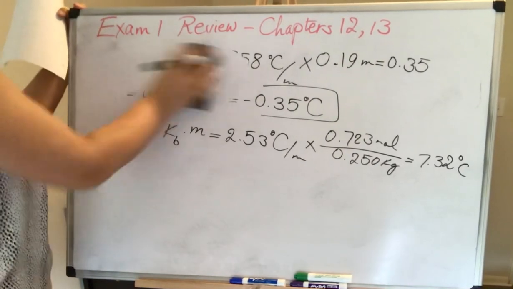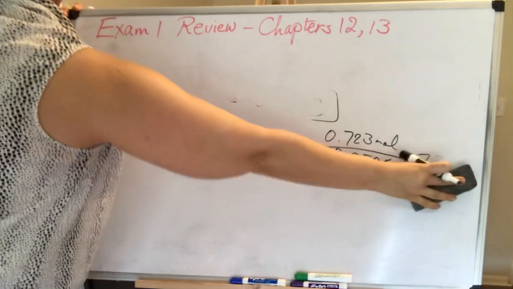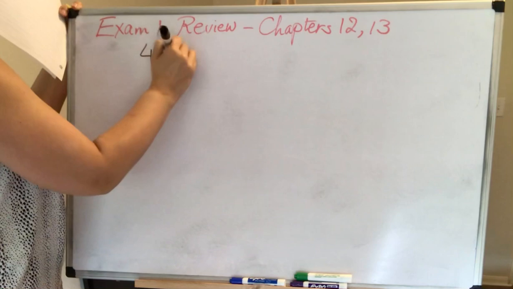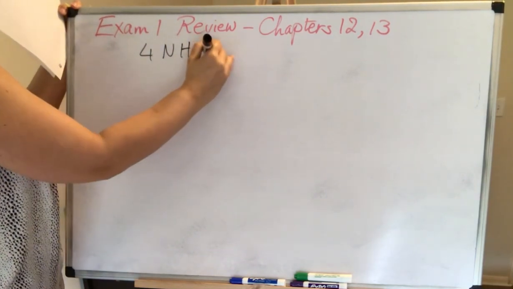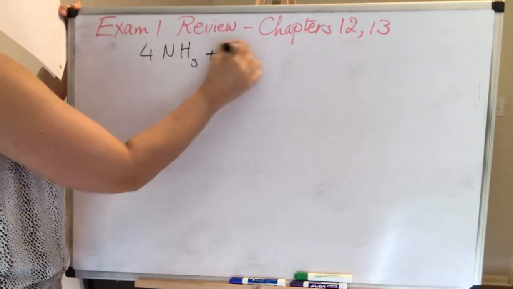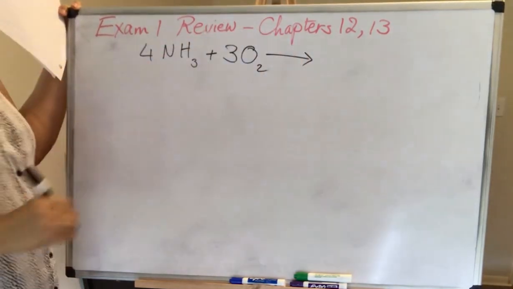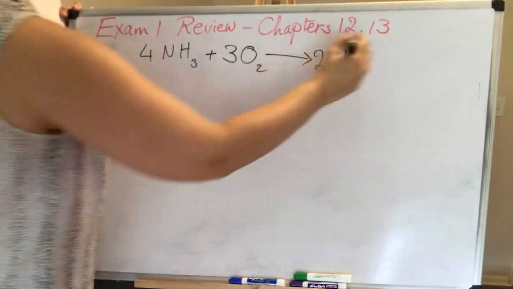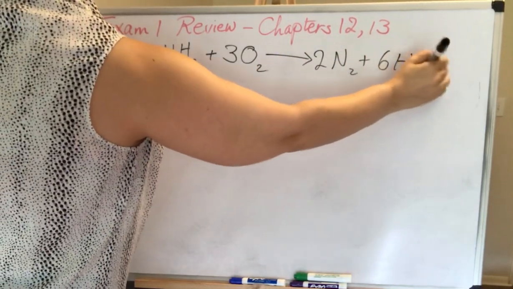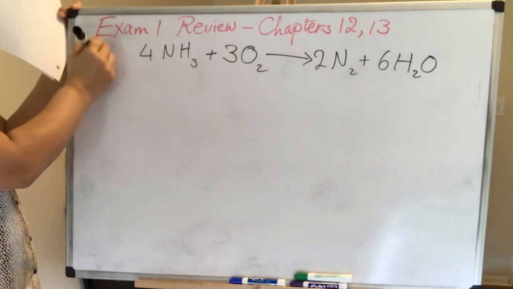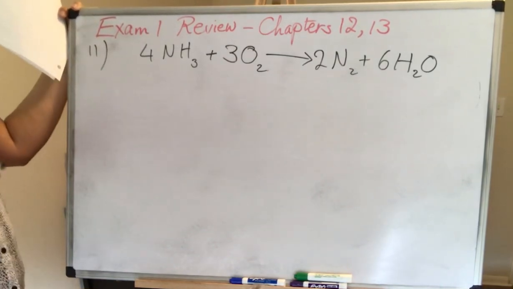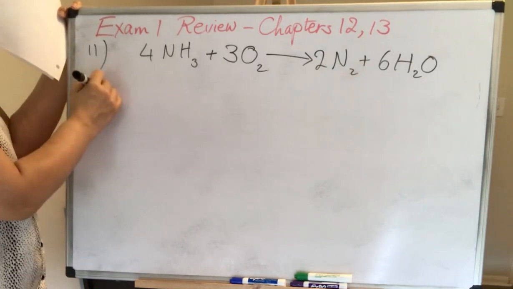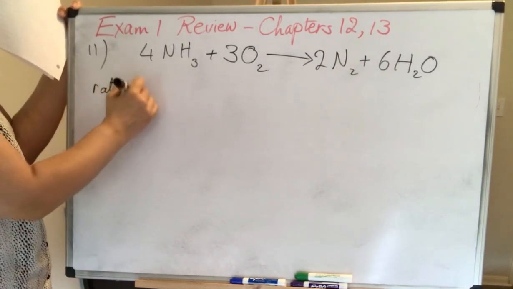So let's write the reaction because we need the equation to solve our problem. 4NH3 plus 3O2 gives 2N2 plus 6H2O. And this is question number 11 again. We are supposed to find the rate of formation of H2O.